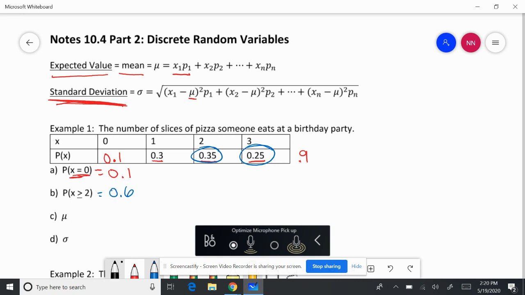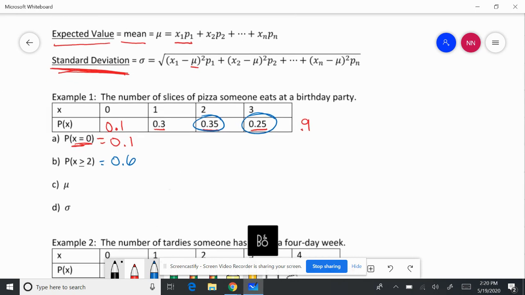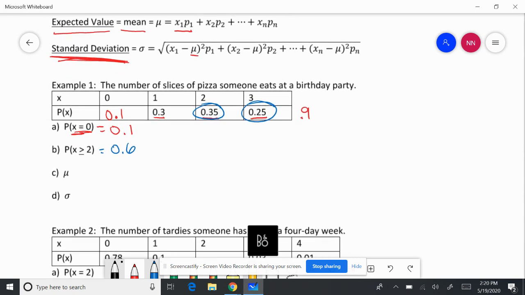Now what we're going to do is come to our mean and our standard deviation. So with the mean, we're going to take our x value and times it by its probability. Then we take the next x value and times it by its probability. We take the next x value, we times it by its probability.